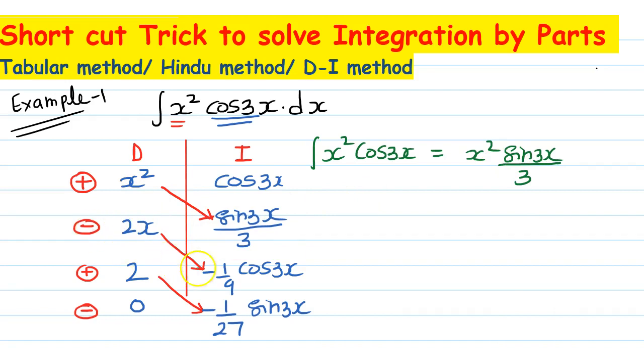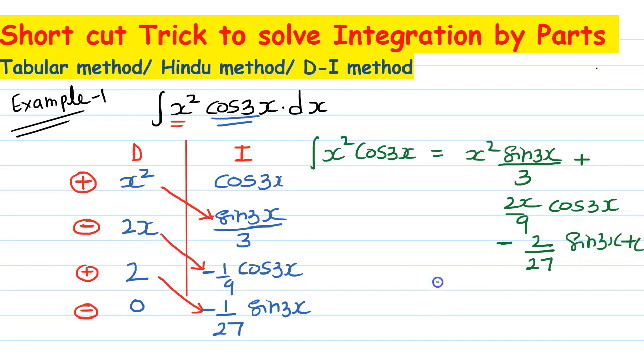Next is this minus sign and this minus sign, and minus times minus becomes plus, so we write 2x divided by 9 cos 3x. The last term is plus and minus, and plus and minus becomes minus. So we write minus 2 over 27 sine 3x, plus the constant c.